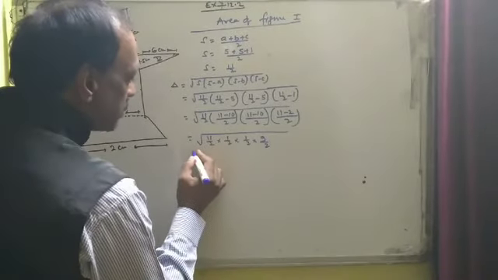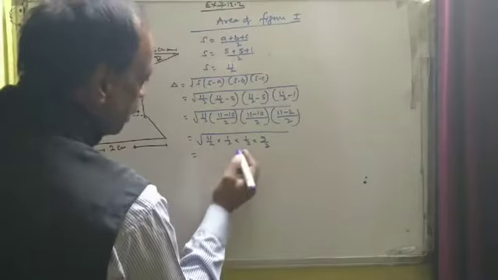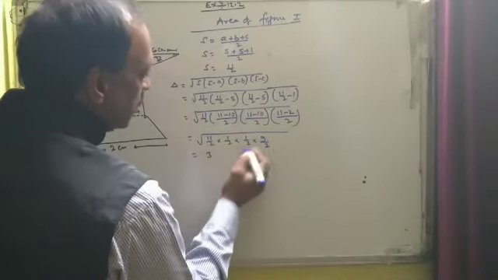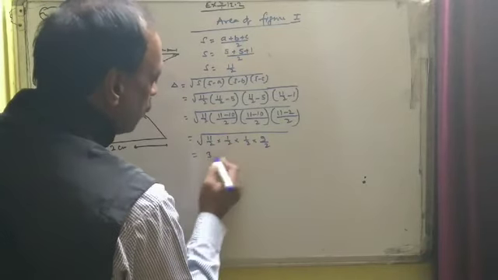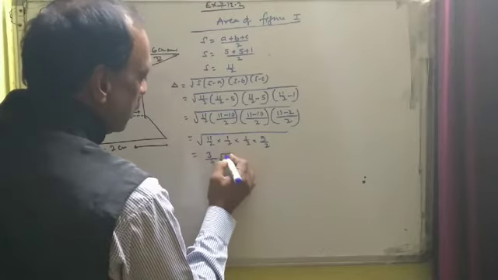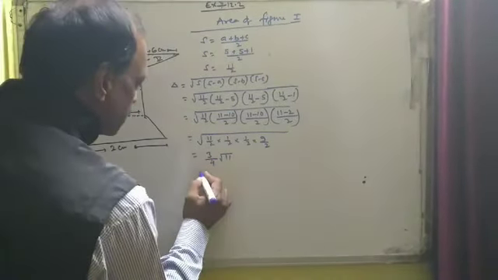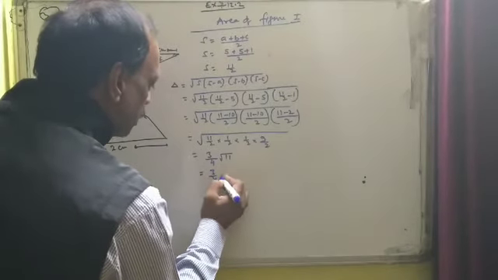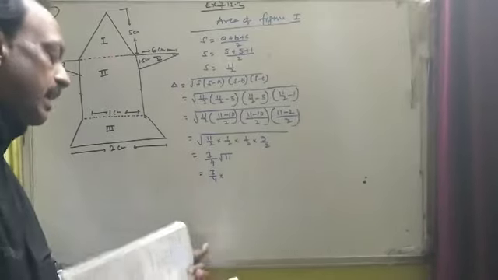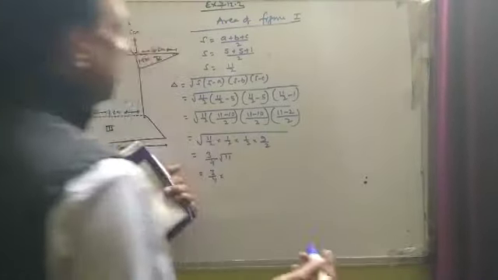Take out the numbers from the root side. Here is the 9, so 3 will be outside the root. 1, 2, 3, 4 2's are there, so 4 is there outside the root. Remaining thing is root 11. Okay. After this, it will be 3 by 4 into the value of root 11. We have to find out the square root of 11, and you know how to find out the square root.